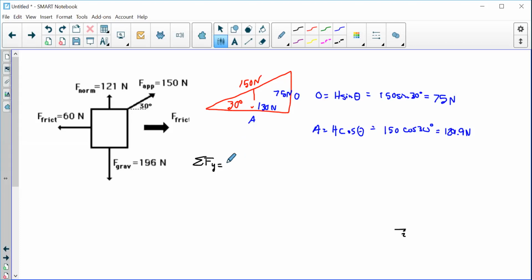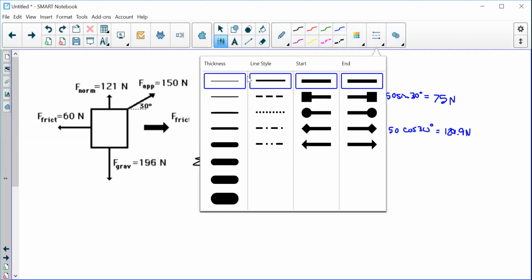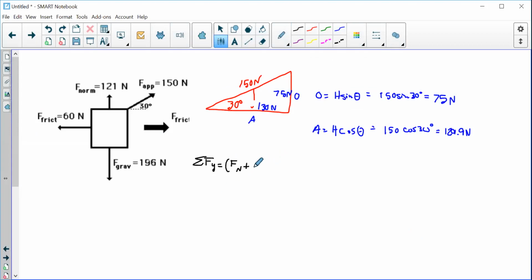Normal force. What else is acting in the positive y direction? The y component of the applied force, Fa sub y. So that's everything in the positive direction. In the negative direction, we've got gravity.